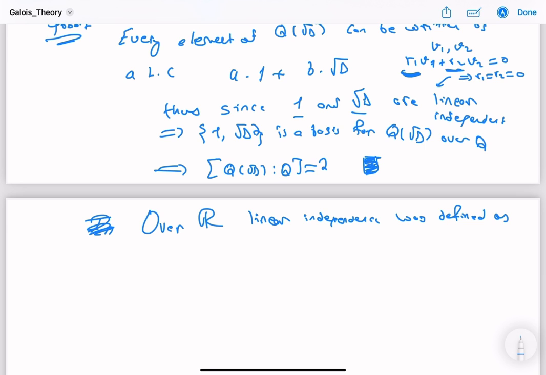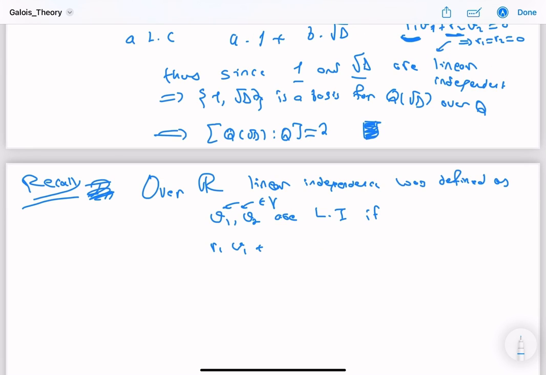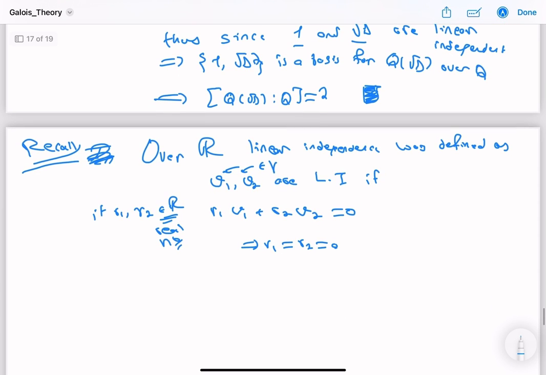Recall, over R, two vectors v1 and v2 are linearly independent if you have a linear relation between these, then it must be a trivial linear relation. So if r1 and r2 are real numbers and we have this, then r1 equals r2 equals 0. So the only relation that we have is the trivial relation.